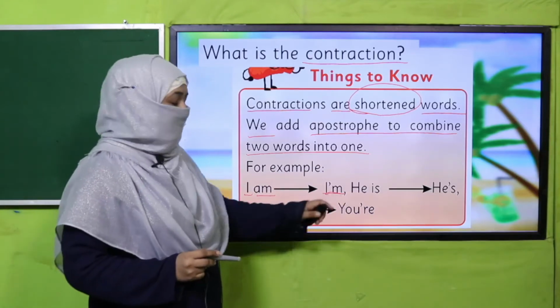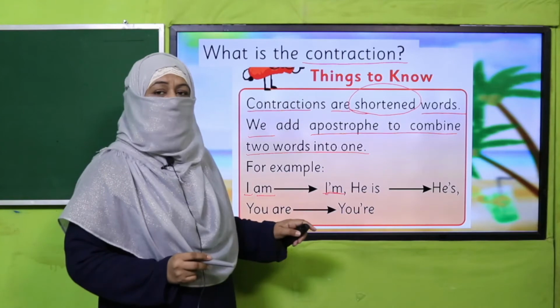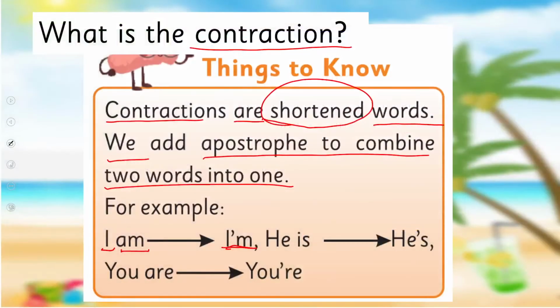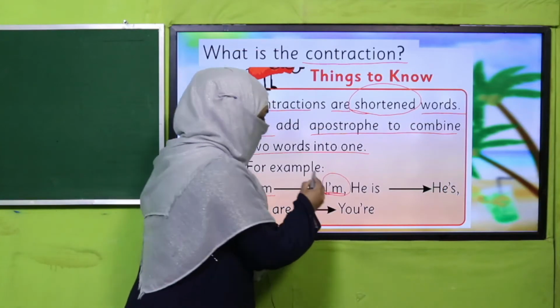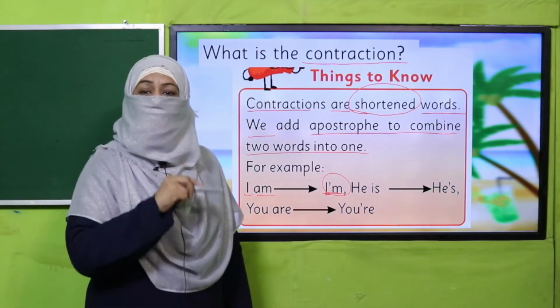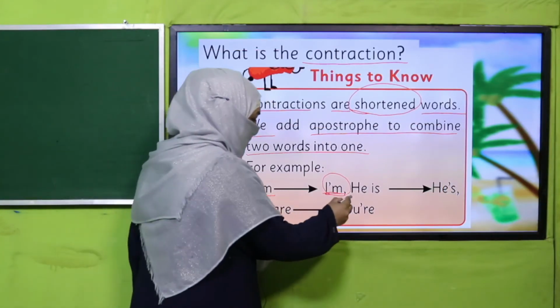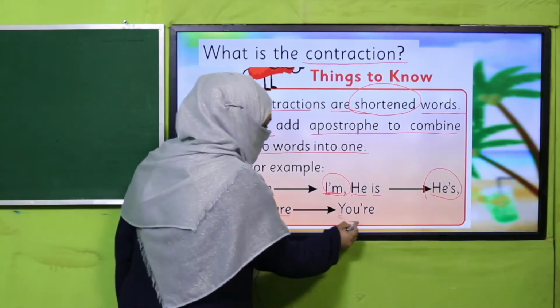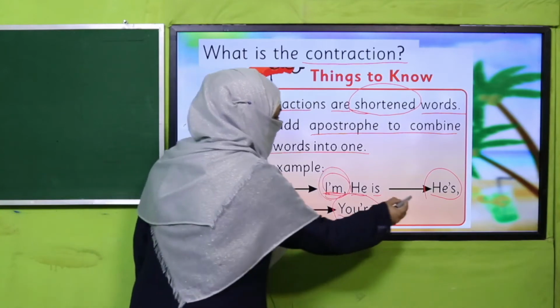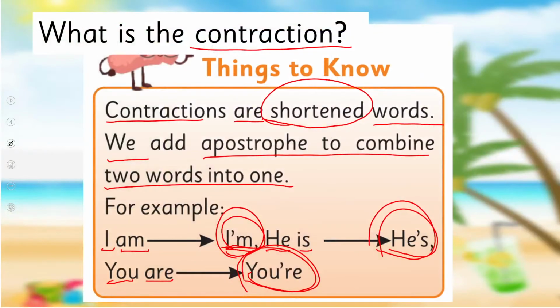Because this is written in different way, it's contracted form, and we pronounce it as I'm. I am, I'm. So this is the short form, and this is called weak form. Okay. He is, he's. You are, you're. So these are the weak forms, because here we are saying the words quickly, speedily, right?